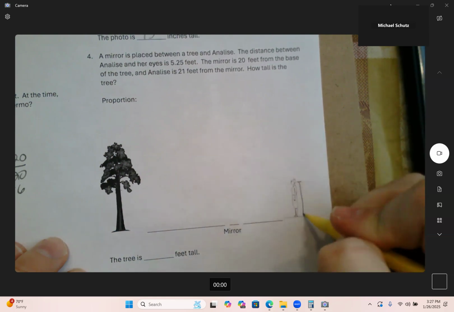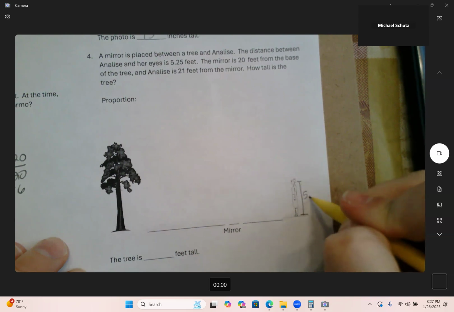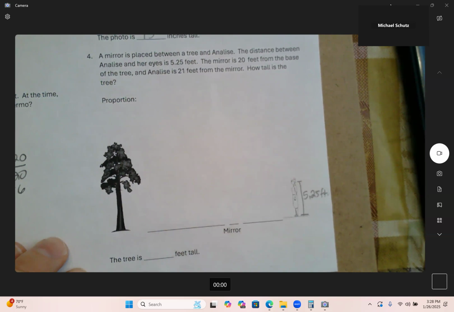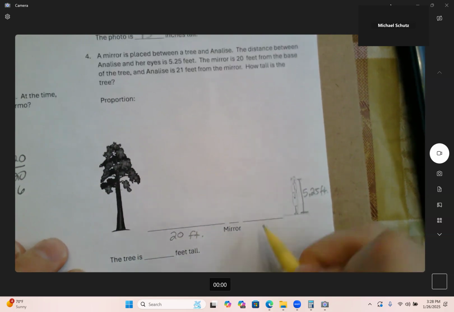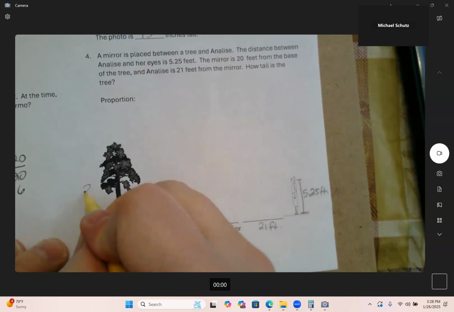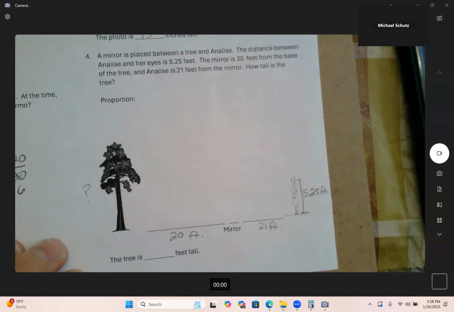So like kind of like that, 5.25 feet. Okay, and then the mirror is 20 feet from the base of the tree. Here's the 20 feet right there. And then Annalise is 21 feet from the mirror. And we want to know how tall is the tree.